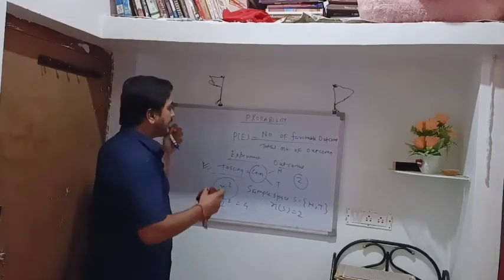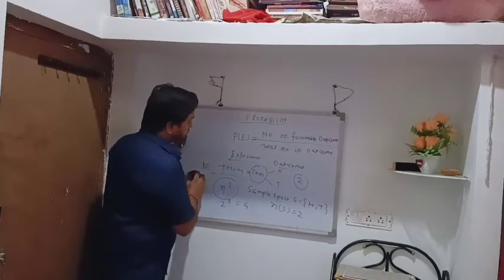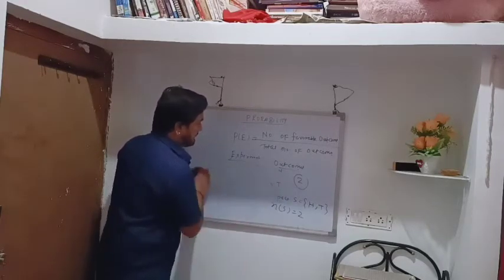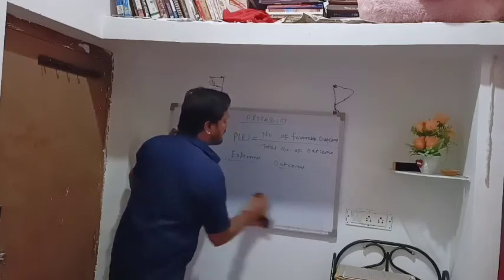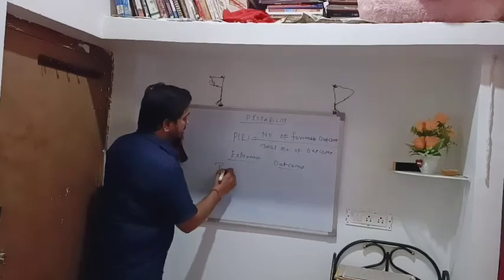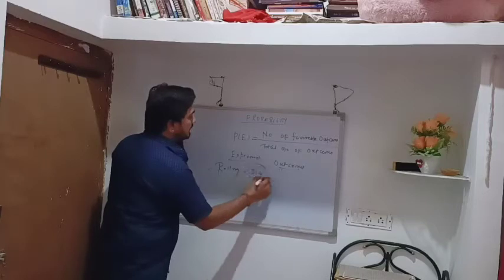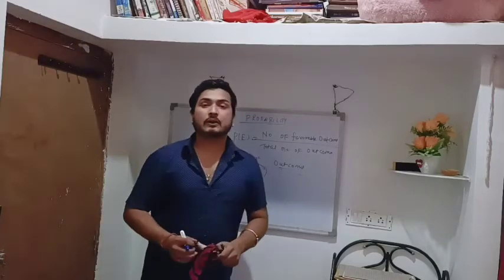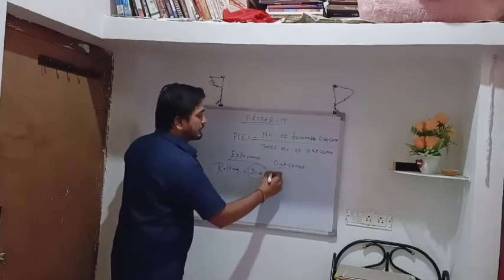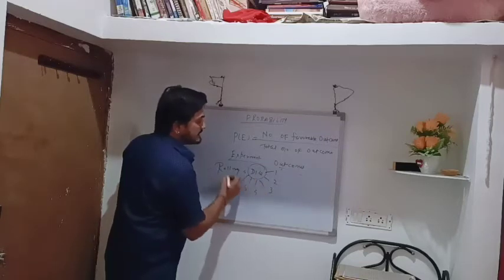In the first experiment we tossed a coin. In the second experiment, we are going to roll a dice. What are the outcomes in the case of a dice? The total number of possible faces is 6.